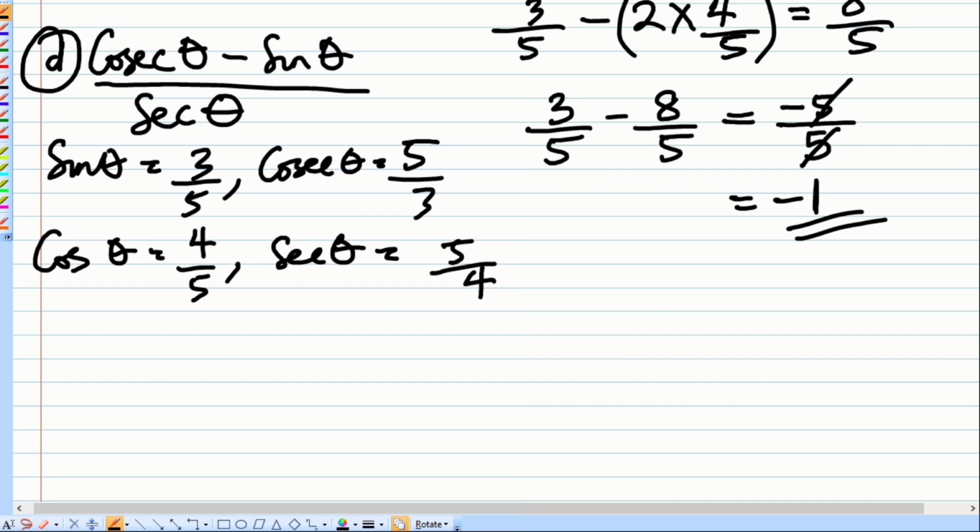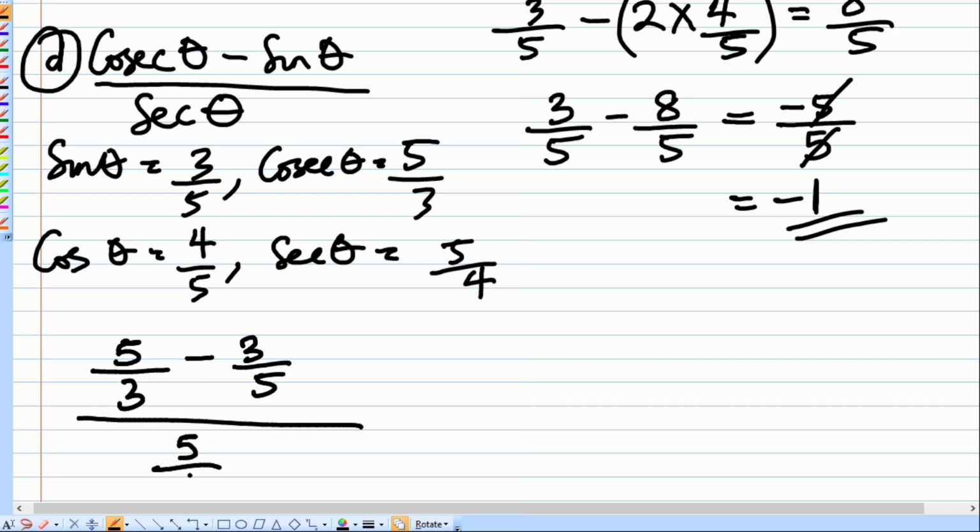So cosec of theta is 5/3, minus sine of theta, which is 3/5. We're going to divide by secant of theta, which is 5/4. So all you need to know is when to get the inverse. Understand what cosec means. Cosec is the inverse of sine, secant is the inverse of cos, and all that.